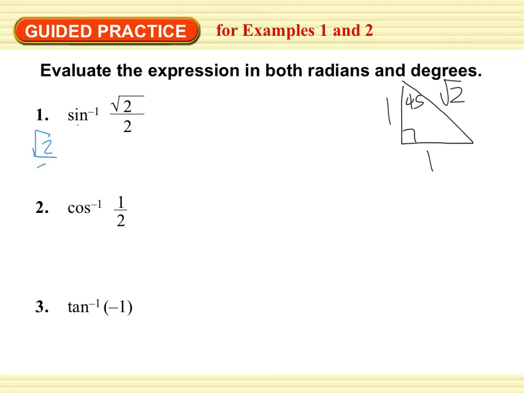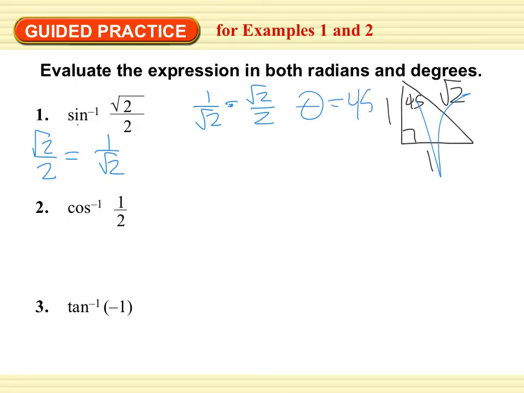Square root 2 over 2 is the same as 1 over root 2, because we always have to rationalize that. So sine of 45 is opposite over hypotenuse, which is 1 over root 2, which rationalizes to root 2 over 2. So theta is 45 degrees. If I change 45 degrees into radians, I get theta is pi over 4.